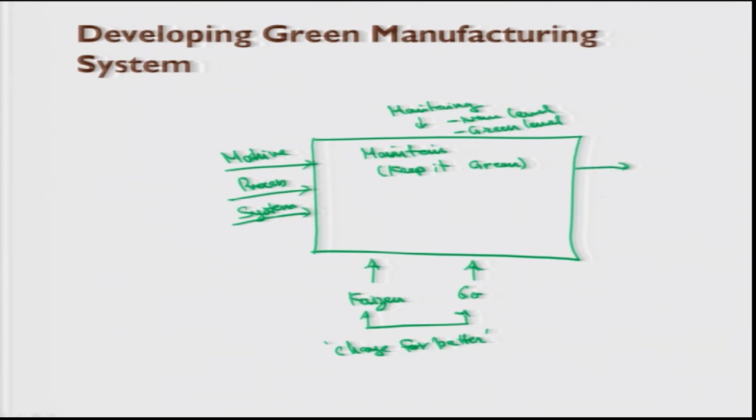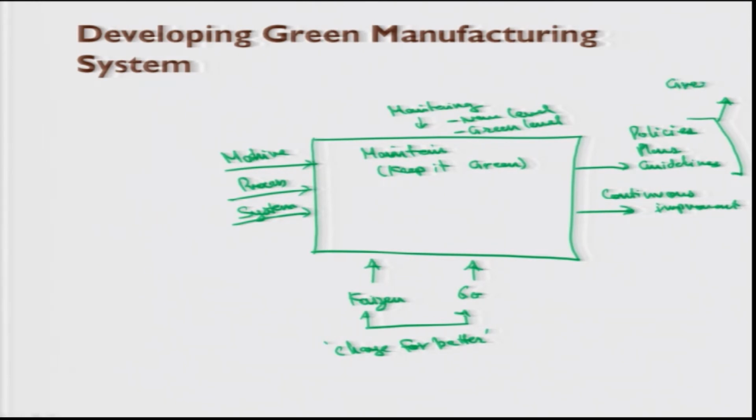Now, if we maintain this, further we can move to continuous improvement. And we can have better policies or plans or guidelines to move to the next color in further stages. Greener manufacturing.